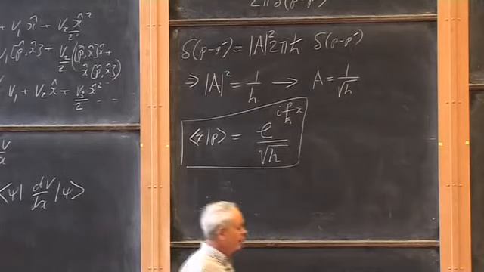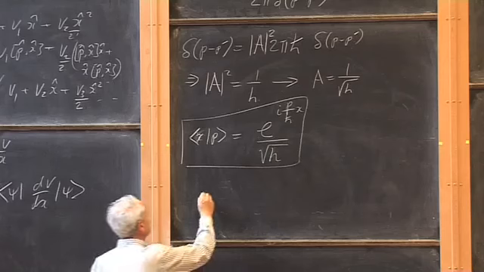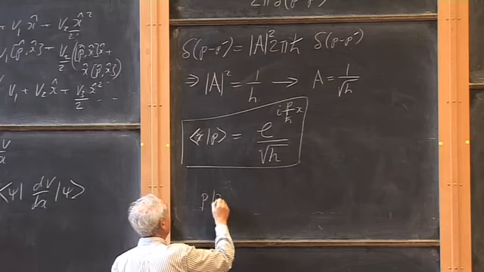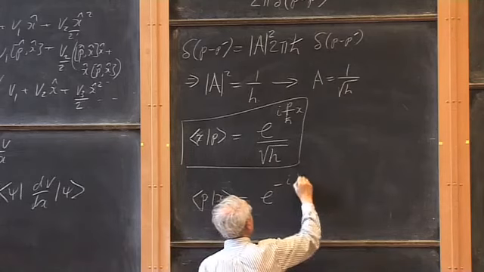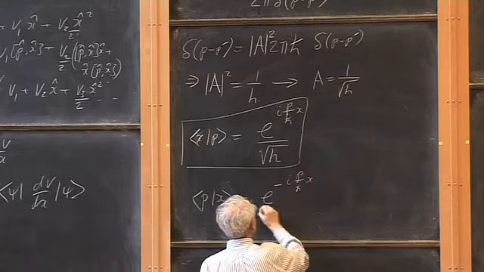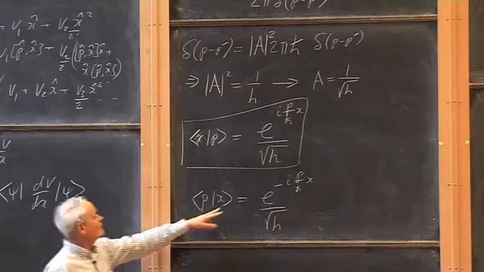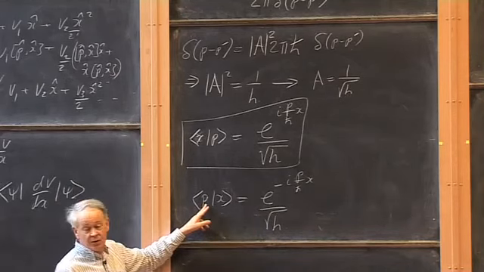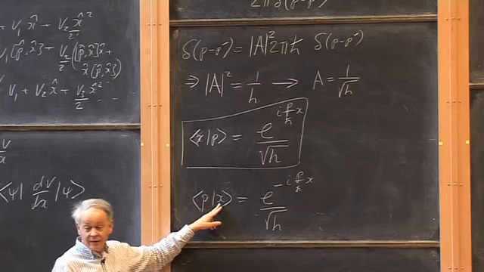It tells us something else that's of interest if we take its complex conjugate, because its complex conjugate says that <p|x> is equal to e^{-ipx/ħ} over root h. And what does this mean? This means the amplitude to find that you have momentum p, given that you're definitely at the place x.